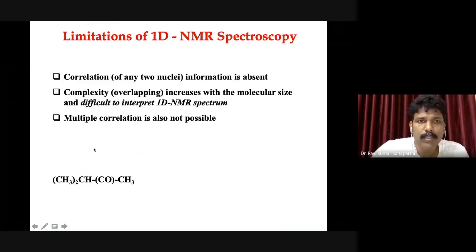These are the three drawbacks of one-dimensional spectroscopy. Typical one-dimensional NMR spectroscopy doesn't give you the correlation information. For your information, correlation is nothing but connectivity. How a particular nucleus is connected to another nucleus in the molecule is totally absent. Another one is the complexity.